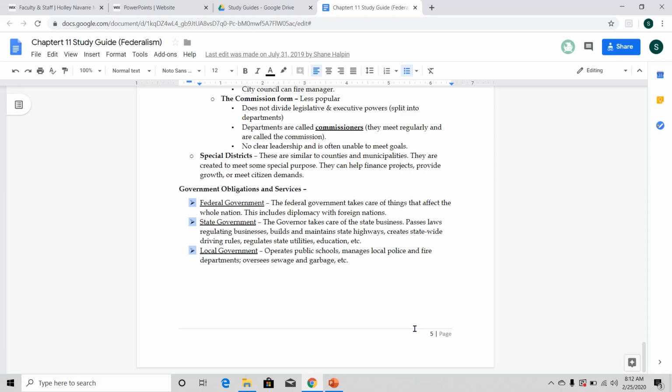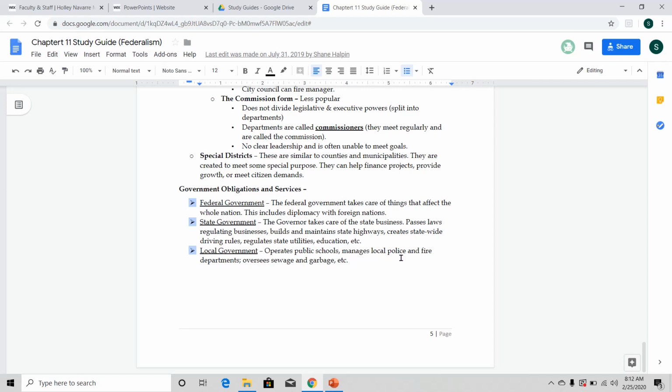They pass laws regulating businesses, maintain state highways, and create statewide driving rules. So there's a lot of things that the state is required to do, and most importantly, education. Sure. And I know we really want to stress this because it's obviously important. Education goes in there too. That's a really important point that you guys have to know.